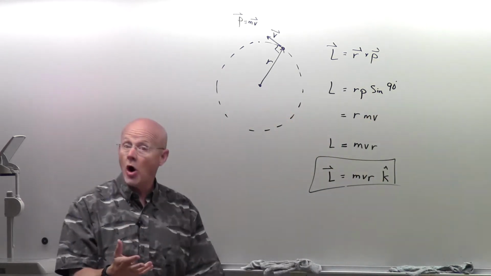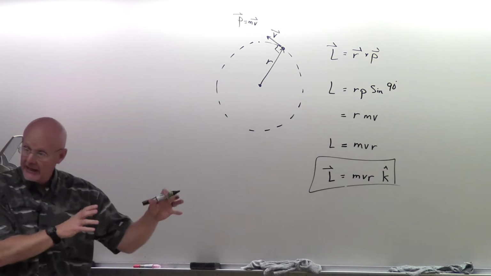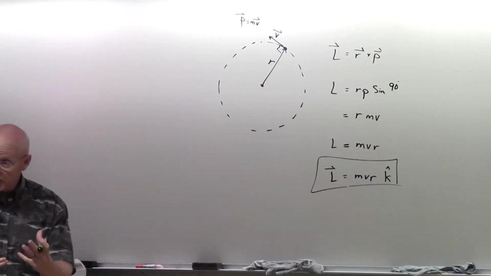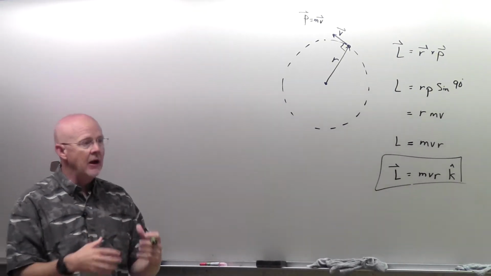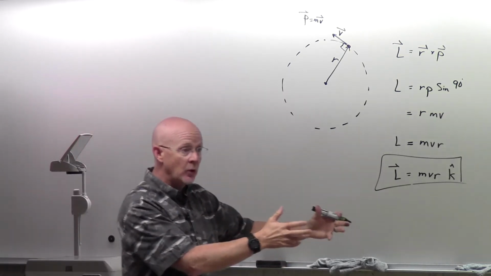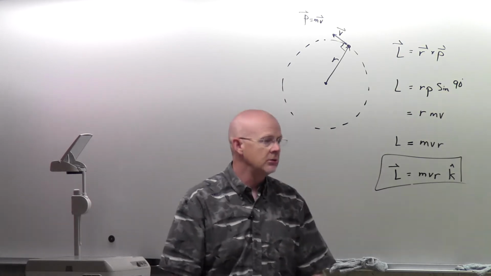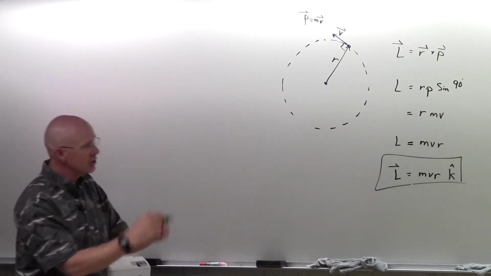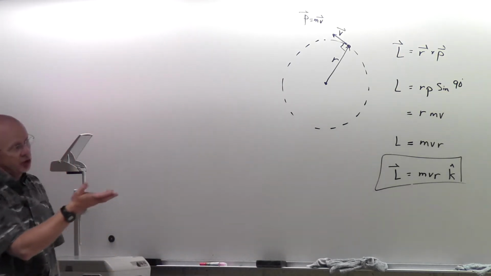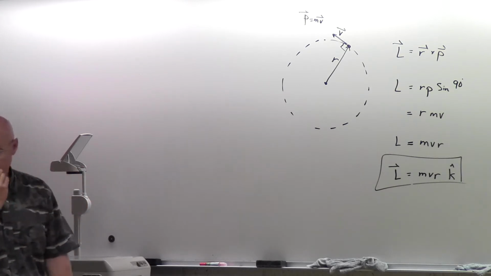Now, albeit a little bit harder because it is perpendicular to the plane of rotation, so you got to think in 3 dimensions. But other than that, there is a lot of analogies between the translational motion and the rotational motion. And so my translational motion and my rotational motion chart is now almost complete.